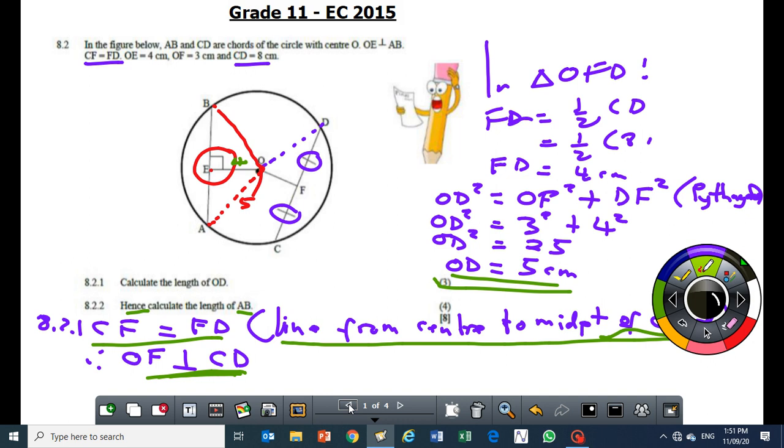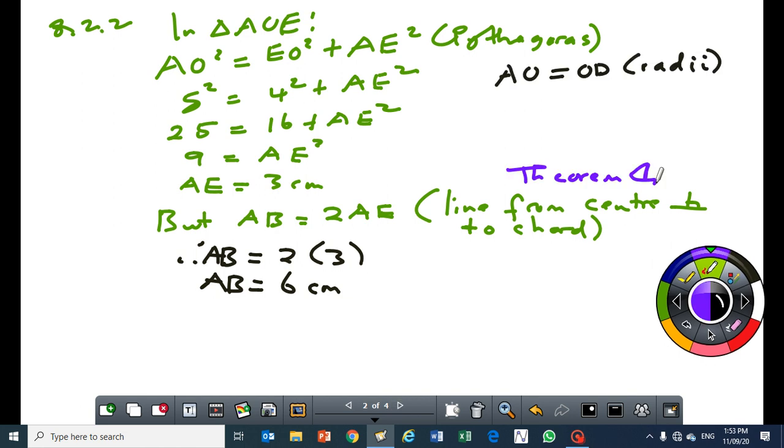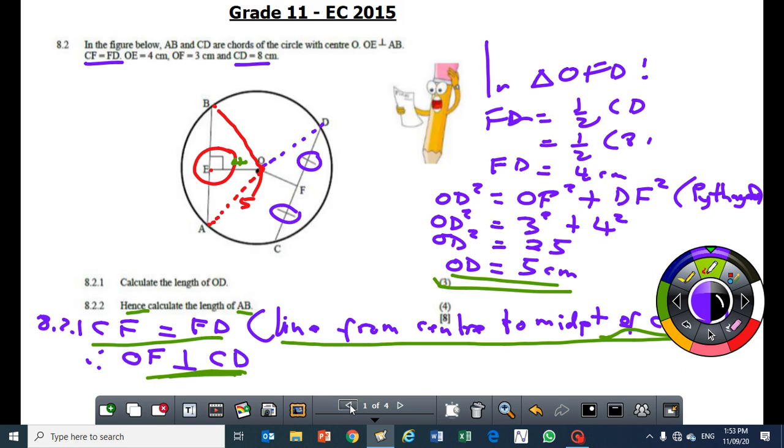If there's a chord which has been bisected and there's no 90-degree angle, you use the converse. Make sure you are very careful there. Any question? So this is for theorem 1. This one here, the converse of theorem 1.